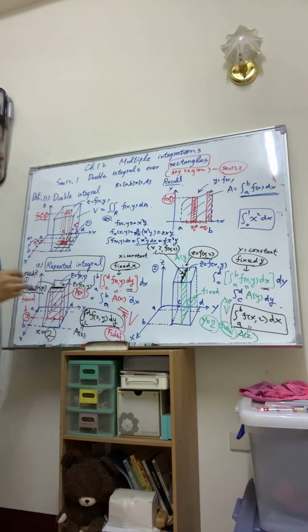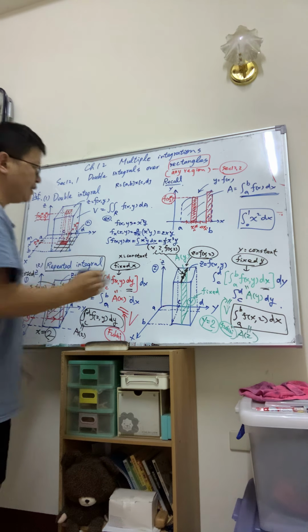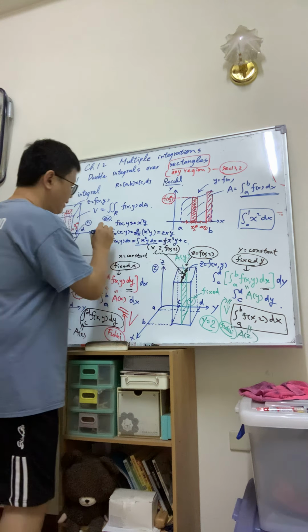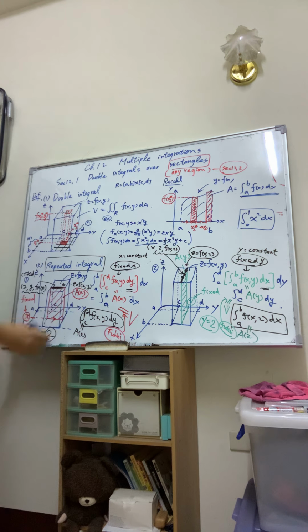If we don't have any bound, then the solution is this one. So they have some similar concept: when we say partial derivative, and now we say repeat integral, they have some similar concept.